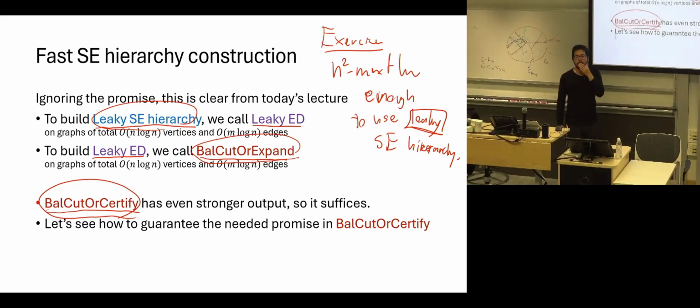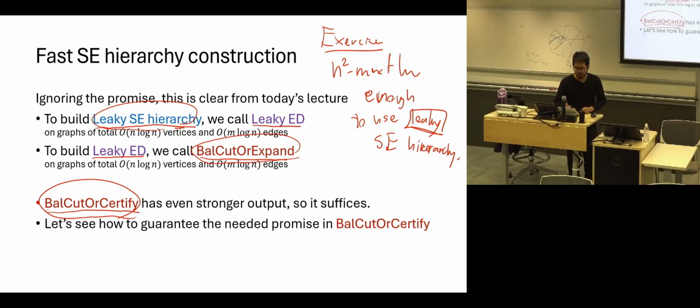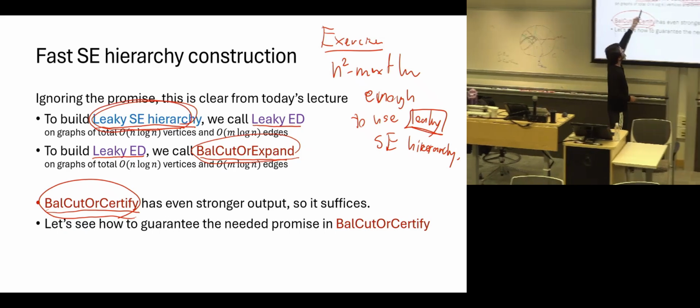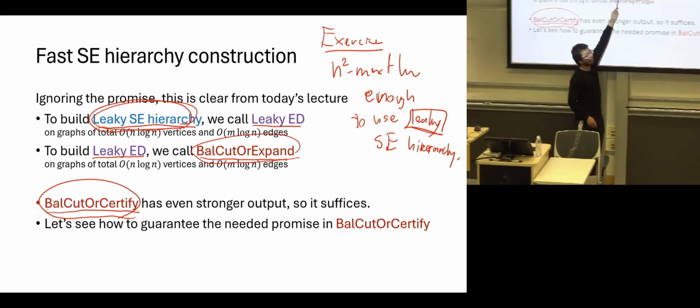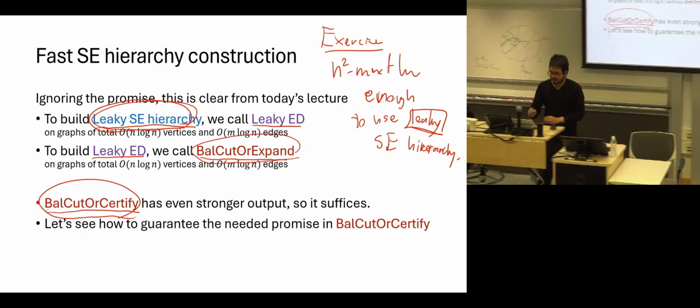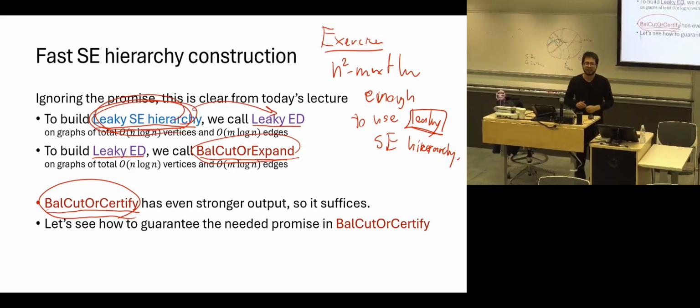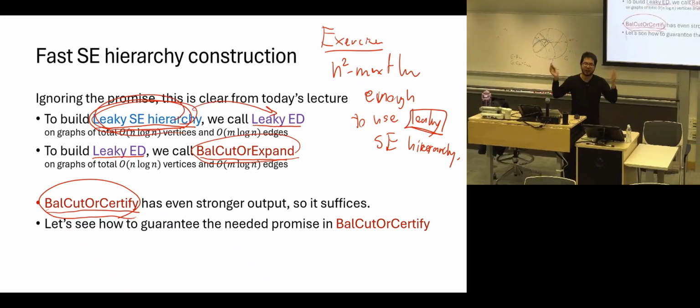What do you need at runtime? Whatever this runtime is, you're going to get the same running time here, because this thing just calls this thing for log n levels, right? And this thing just calls this thing log n times. So you pay a log square overhead to the running time.